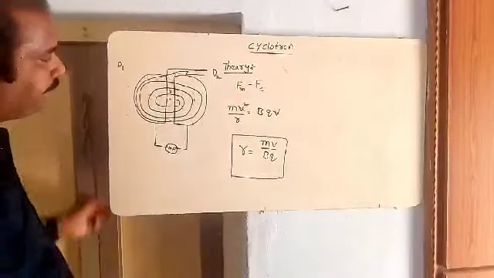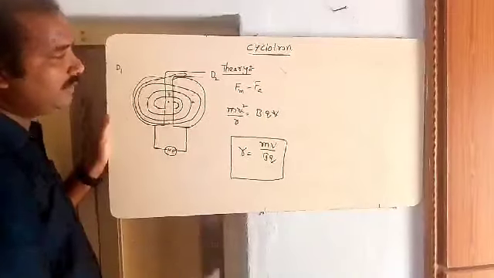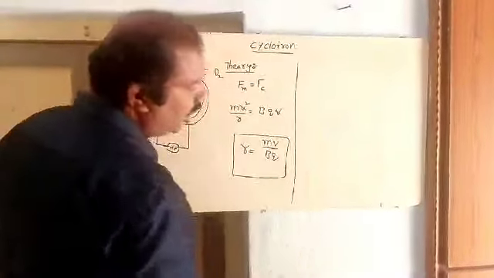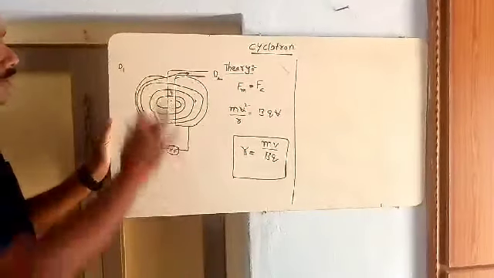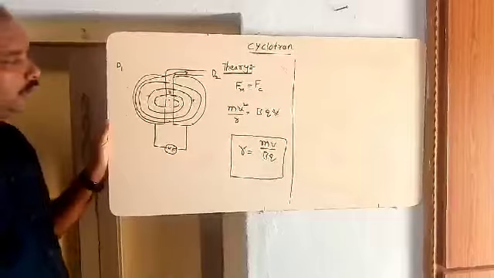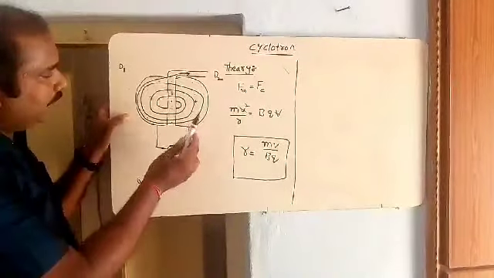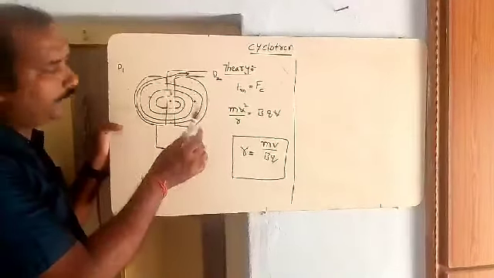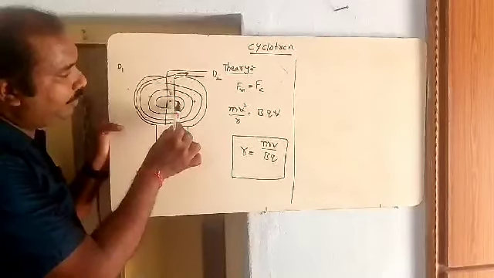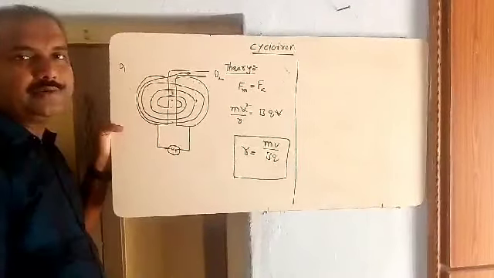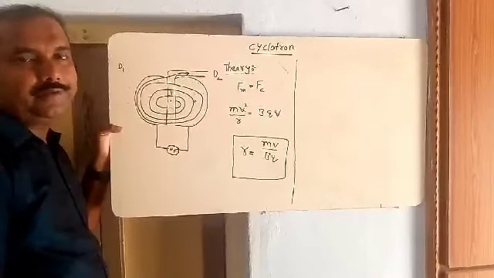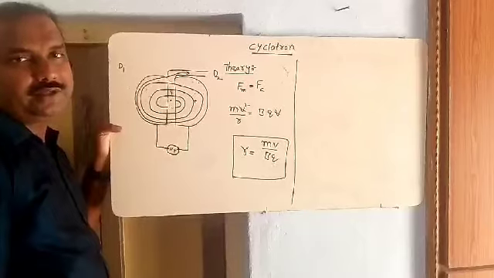Now we will see how much time it takes to complete this half of the circle. The time taken to complete this half of the circle is equal to half of the time period of one complete oscillation.